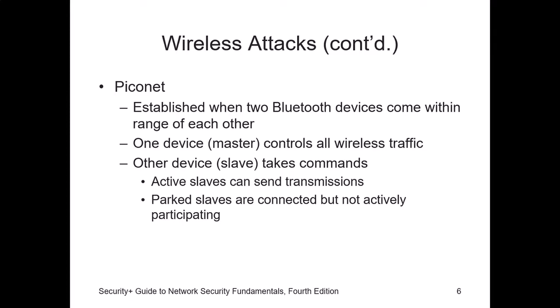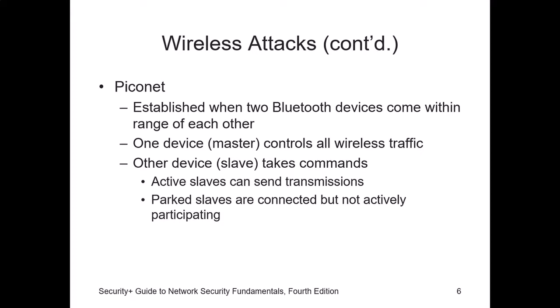So, the definition of a piconet. Typically, Bluetooth devices are peer-to-peer; they communicate directly with each other in an ad hoc environment. So they don't need an access point really. That's primarily what it is. A piconet is a small network where you have maybe one or two devices communicating with each other.